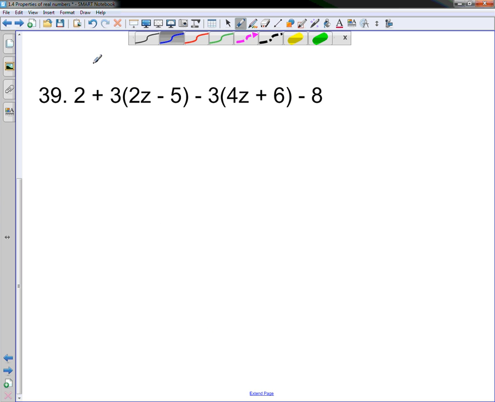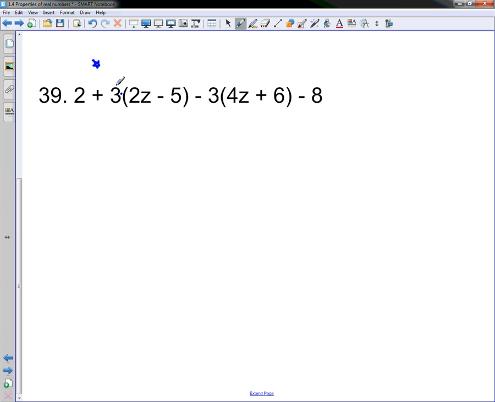Here's the trap. So 2 plus 3 times 2z minus 5. Well, that 2 plus 3 looks really friendly, like we could just add that real quick, it'd be 5, and then move on. But remember, our order of operations says that we have to do multiplication before we do addition.